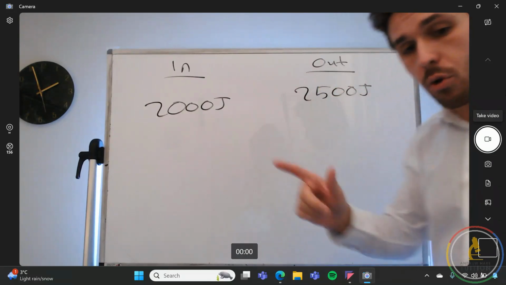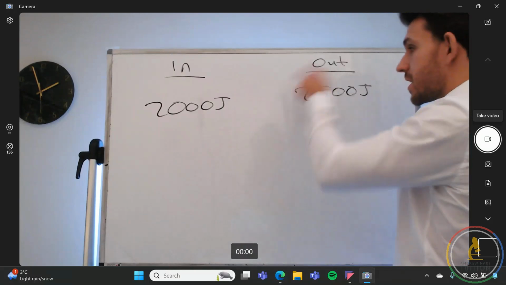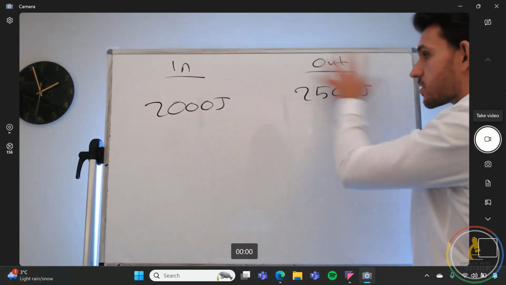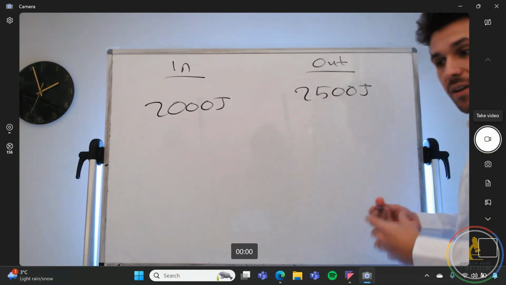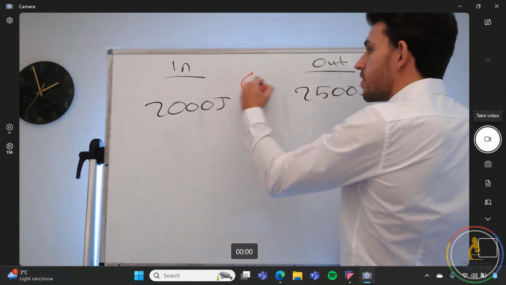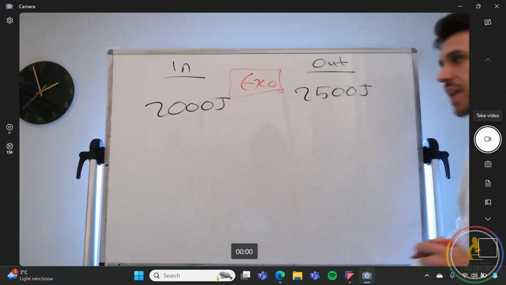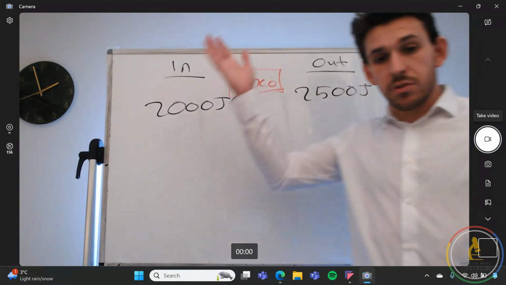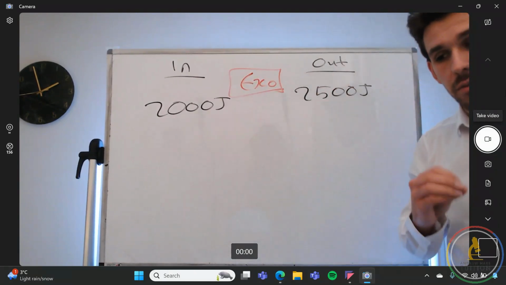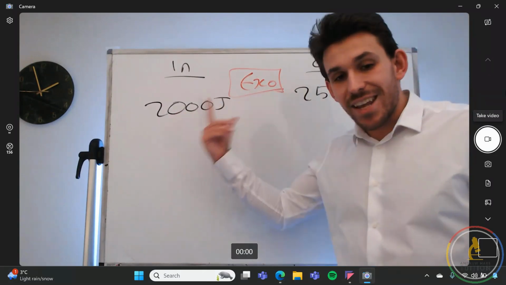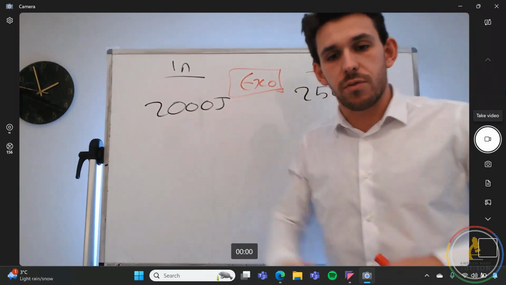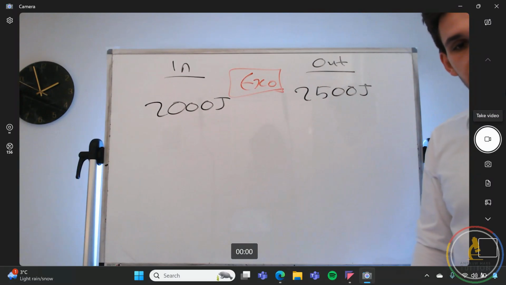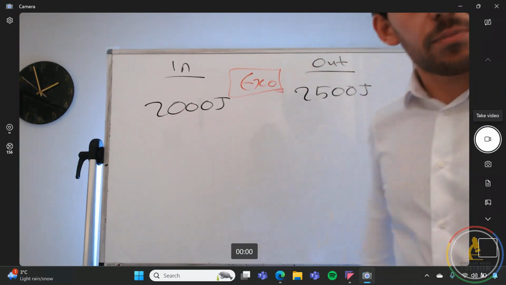And so overall, energy is going to be given out. The exothermic process is winning. And so overall, this would be an example of an exothermic reaction because more energy is given out when we remake all the bonds in the products than is taken in to break the bonds in the reactants in the first place.